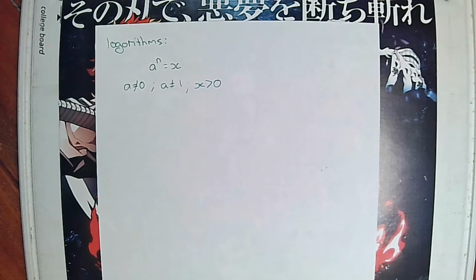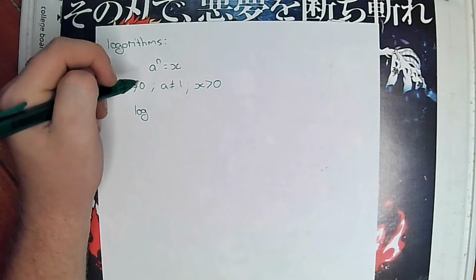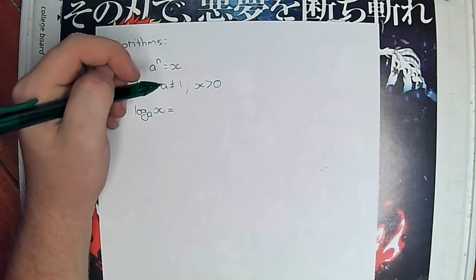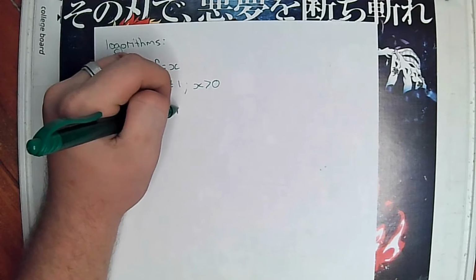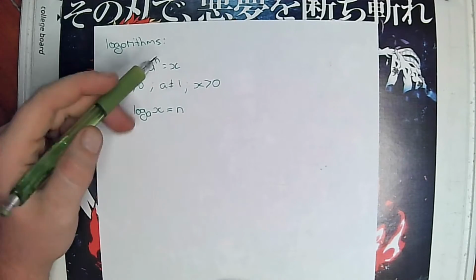Now, this can then be written as a logarithm of the form log base a of x is equal to n. What a logarithm really is, is an index value. It is to what power must my base be raised to get a specific answer. These values directly correlate to each other.